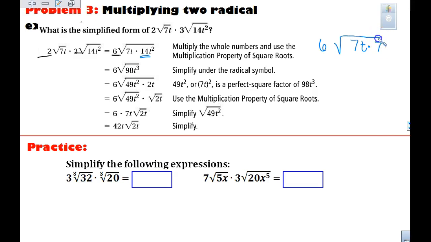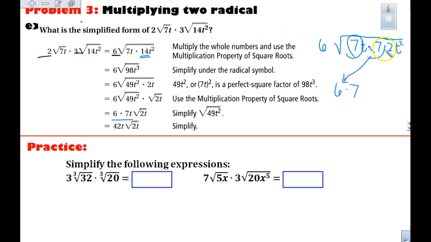7 times 2, and I have t squared. Okay? So if I did this in that first day when we did the video, because if I multiply it together and it's this huge number, I might not recognize any perfect squares that go into it. But if I look at this and I go, oh, I have 2 7s. 2 7s can be pulled out, and I have 6 times 7, which we got way down here, right?